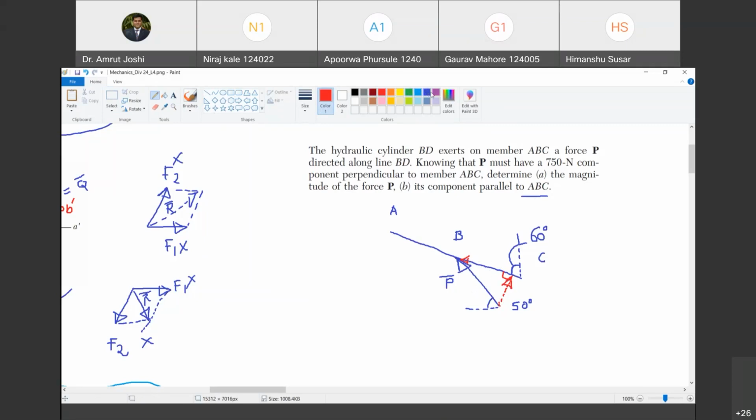What should I call this component? I will call this component the component of P perpendicular to ABC. What should I call this component? I will call it the component of P parallel to ABC.